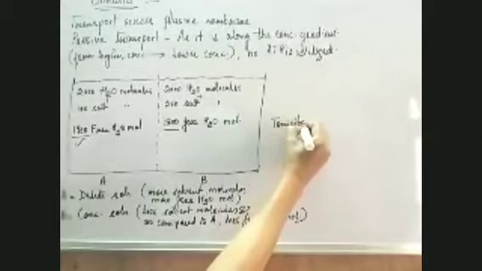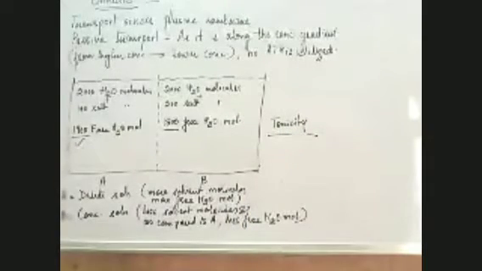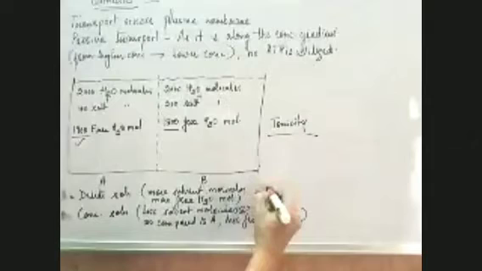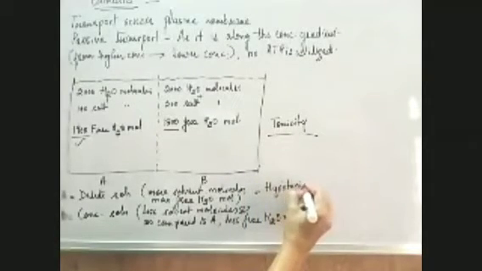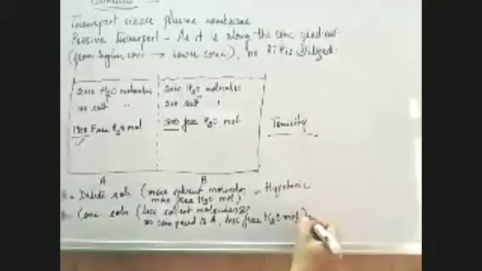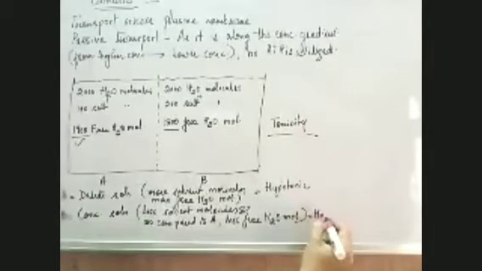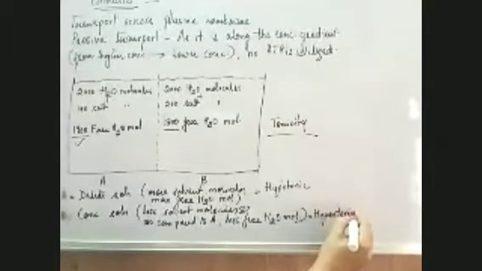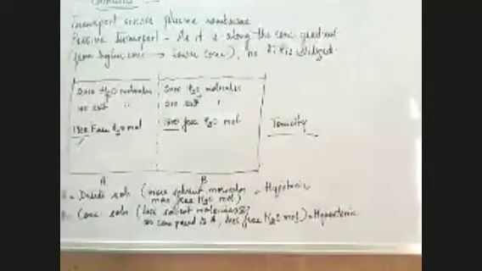When we name it in terms of tonicity, the dilute solution is called a hypotonic solution, and the concentrated solution is called hypertonic. A hypotonic solution is one where the number of free solvent molecules is more, and a hypertonic solution is one where the number of free solvent molecules or free water molecules is less.